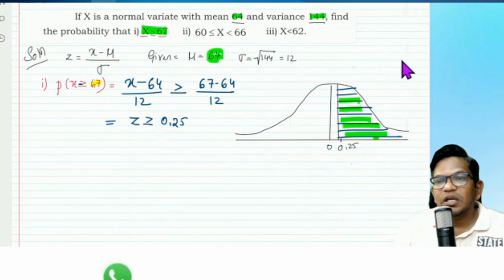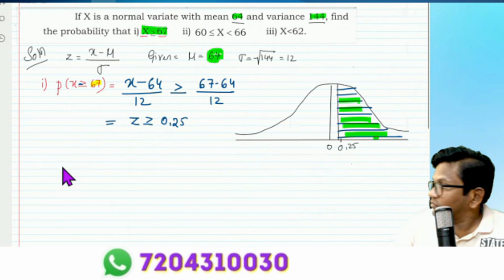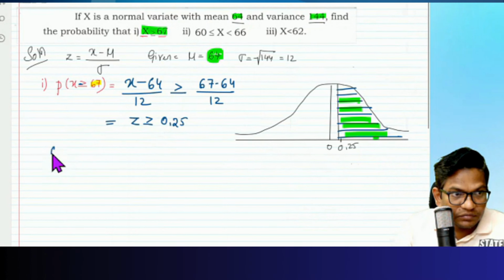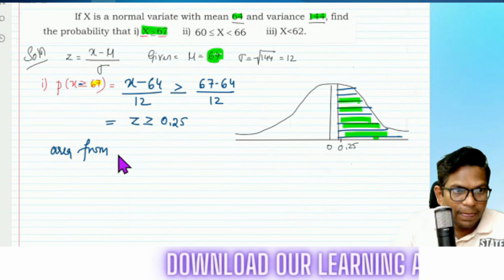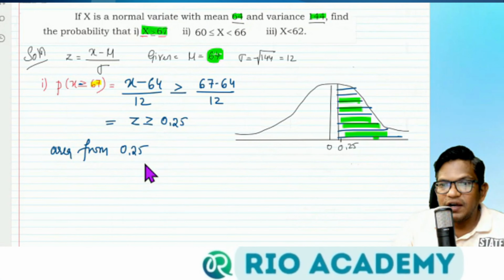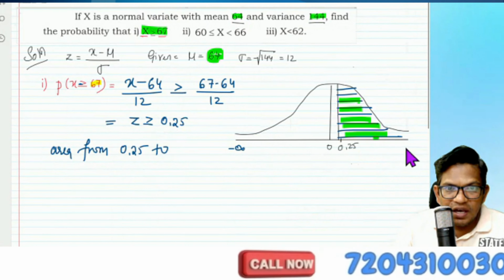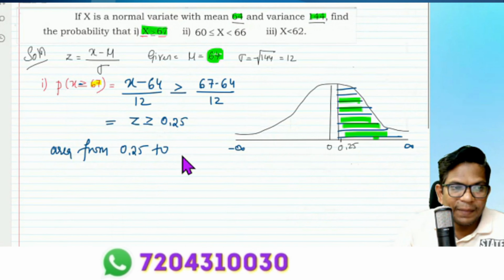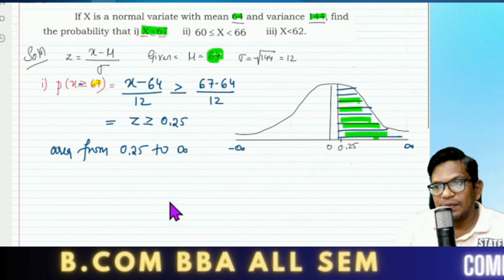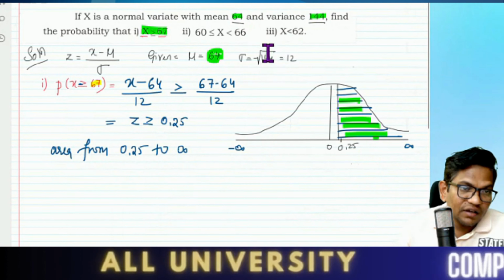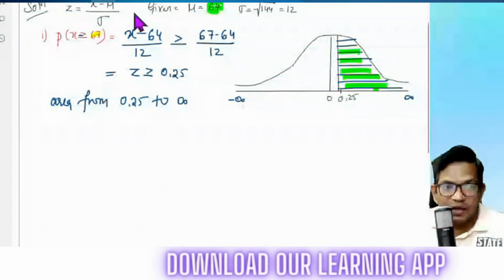Got it? Now, what we need to find out is the area. The area from 0.25 to infinity, where this is minus infinity and this is plus infinity. So this is 0.25.